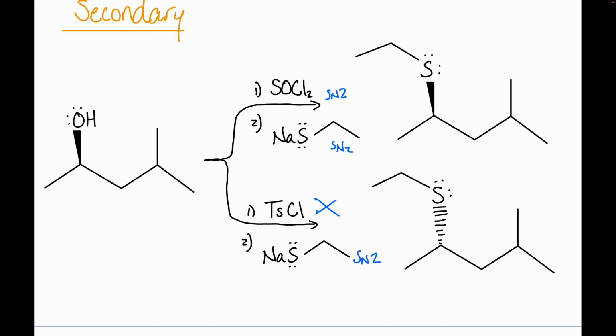We had for our first method, we flipped and then flipped it back. In our second one, we had no flip, followed by a flip. So the big difference between these two pathways, if I start out with a stereospecific alcohol, is the stereochemistry of my product.